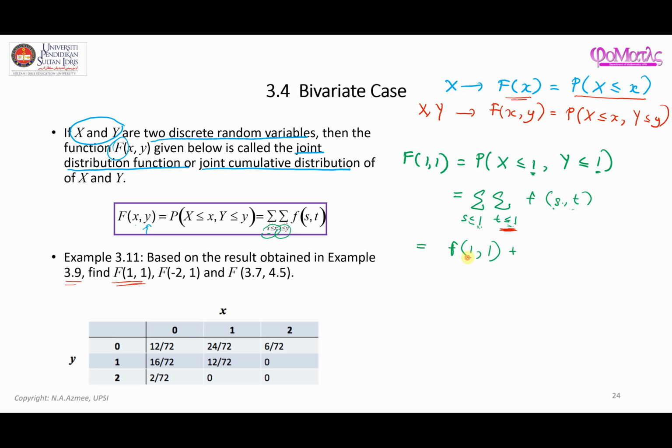So we maintain s equal to 1, and we think if there's any other value of t that is less than 1, maybe 0. After 1 is going to be 0. And then is there any other value of t that is less than 1? For example, is there a value of t equal to -1? Well, in this case, no. So we're just going to stop right there.